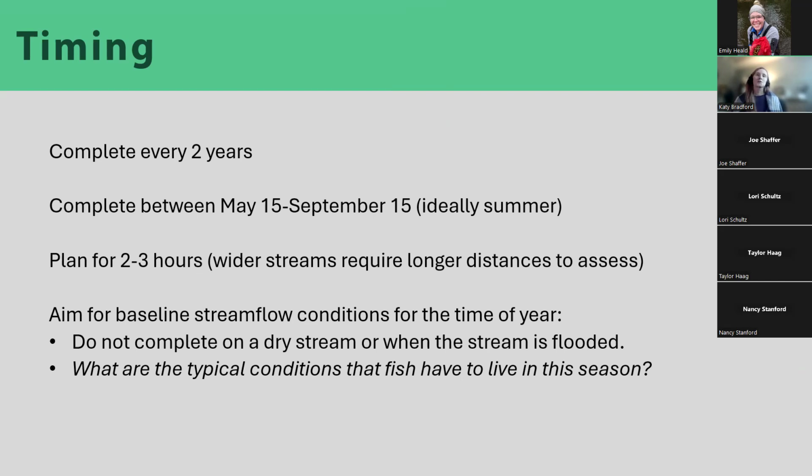And you don't want to do it when the stream is super flooded, like right after a storm, because that stream flow is going to start coming back to its baseline level. And that's what the fish are living in usually, is that baseline level. So just ask yourself, what are the typical conditions that fish are living in during this time of year, this particular year, and don't go out and do it right after a storm, because that's probably not going to be what a typical day is for a fish living in that stream.